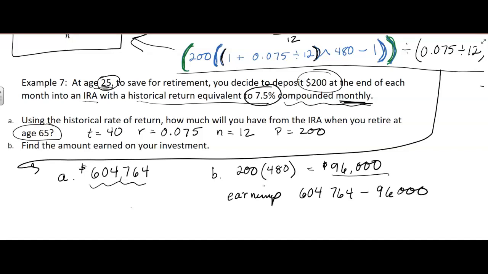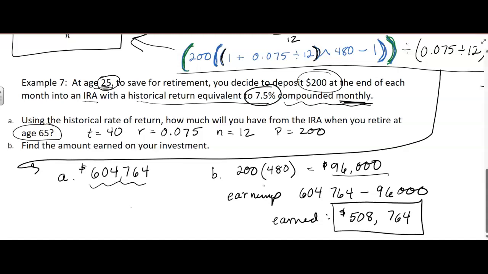So what's that? Let's see. 604,764 minus 96. Okay, so you earned $508,764. So not bad, right? Like you got a lot more money by investing than if you just put $200 in your mattress every month. Okay, that's an annuity.